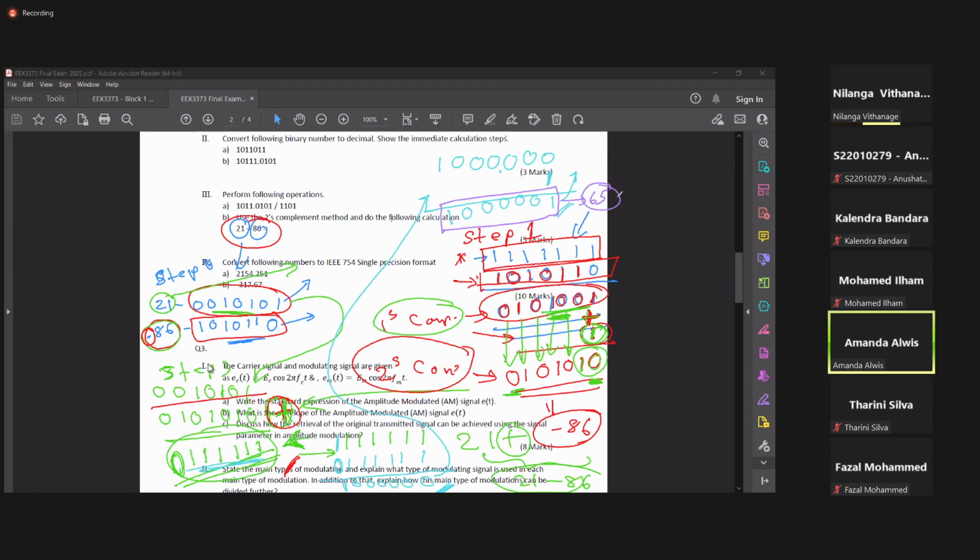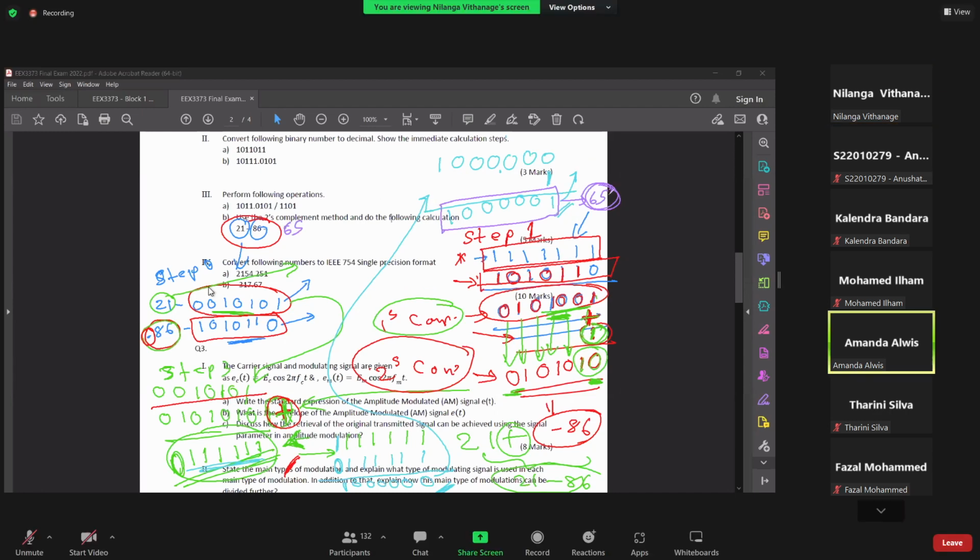Am I right? Sir, then why did we bother to use the minus sign for 86? Actually, we could have subtracted 20. What I asked was, if you convert this one into decimal, you will get 65 now. That is the correct answer now.